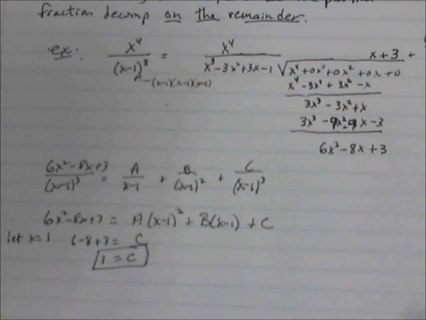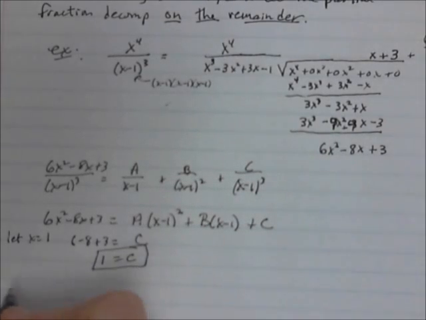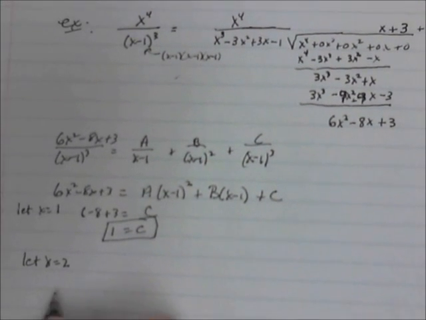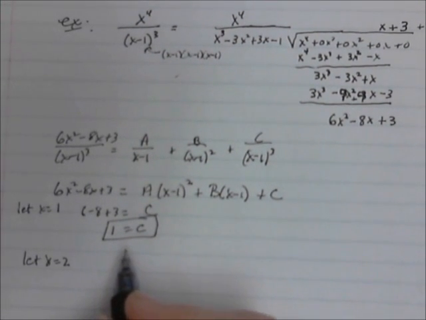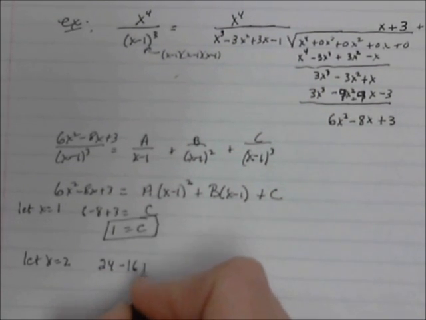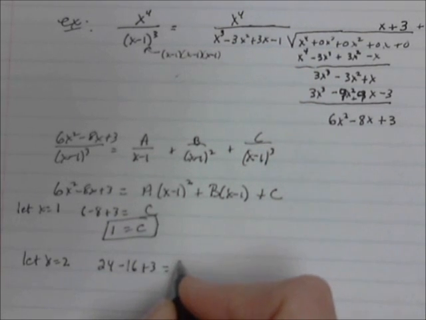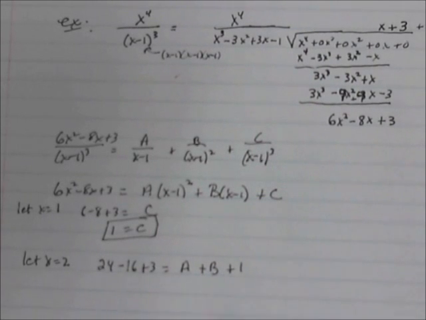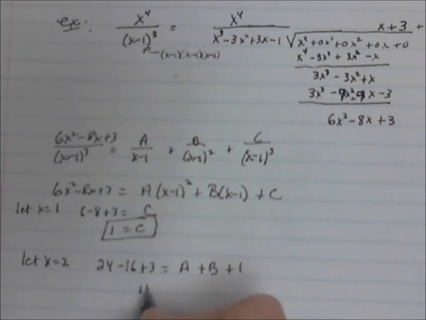And then I guess I can let x equal 2. And what we would have is 24 minus 16 plus 3 is equal to a plus b plus c, which is 1. 24 minus 16 is 8, and 3 is 11. And if you subtract 1 from each side, you're going to get 10 is equal to a plus b.